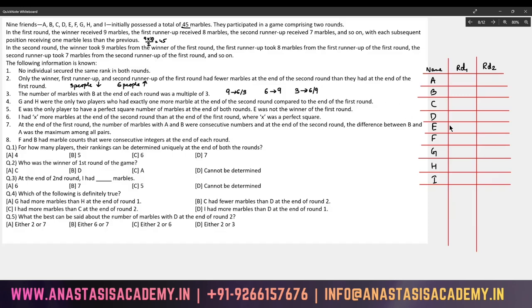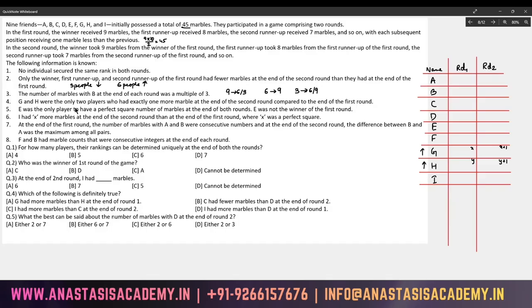So if one had X, he has X plus 1 here. If the other had Y, he will have Y plus 1 here. And G and H are people whose number of marbles are increasing.